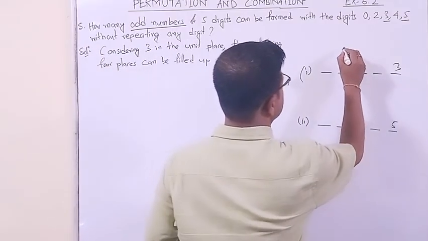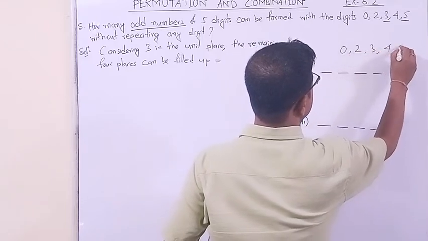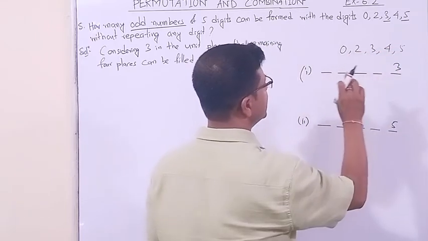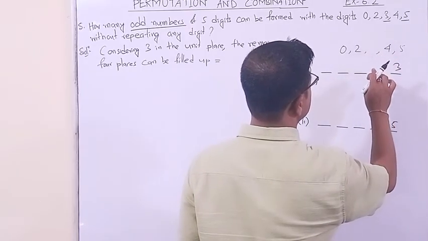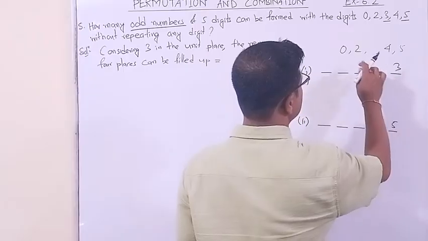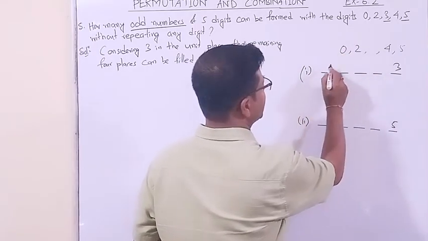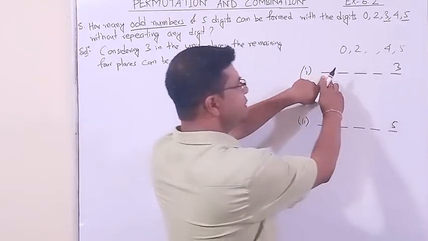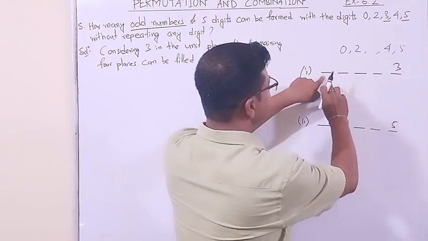Okay, you see the digits are 0, 2, 3, 4, 5. Here 3 is already taken. We cannot put 0 here. Again I am repeating, we cannot put 0 here, because if we put 0, it is no longer a 5-digit number, it will be a 4-digit number.